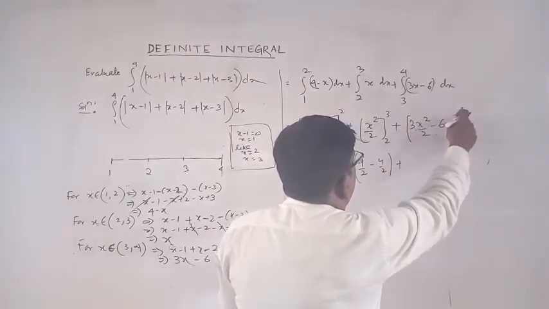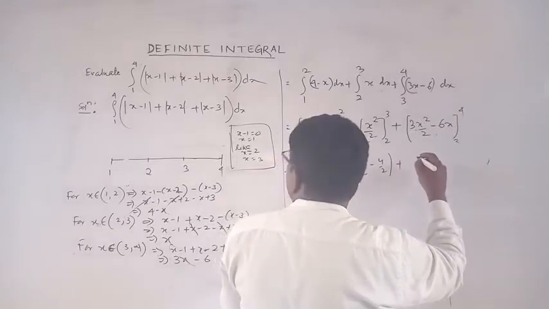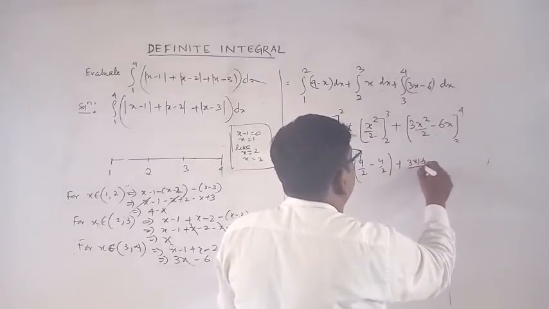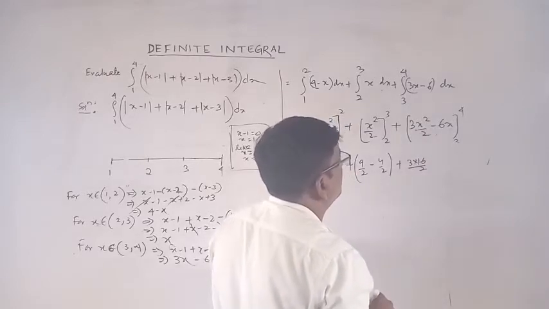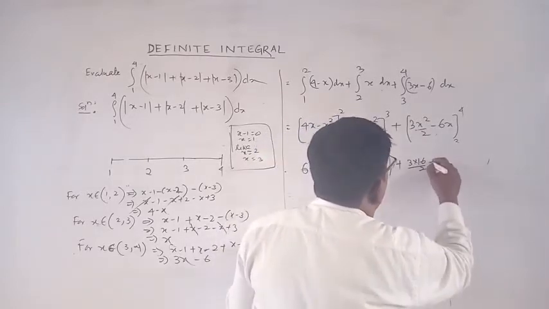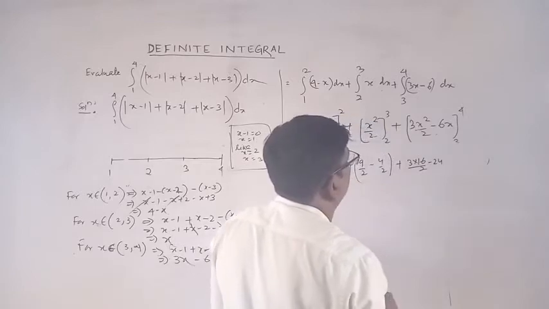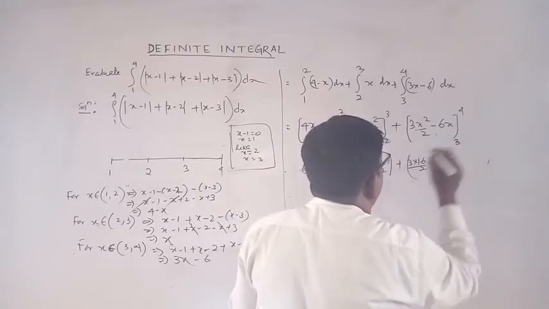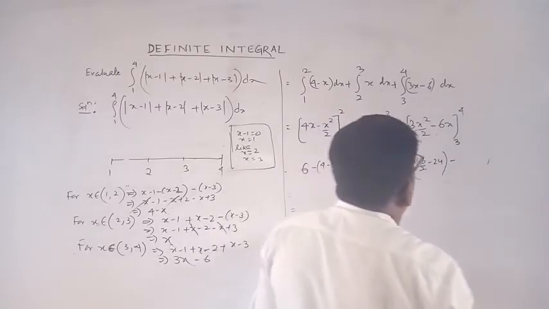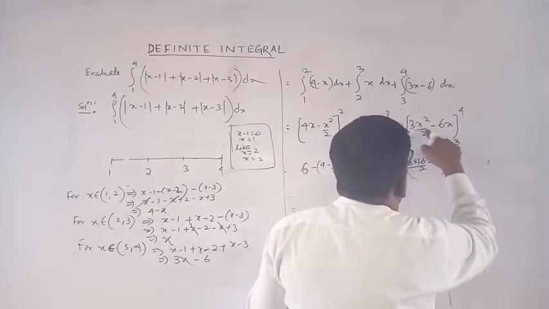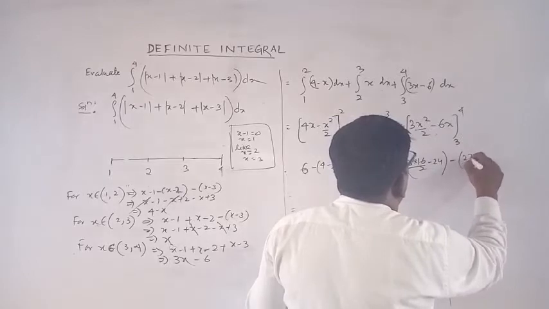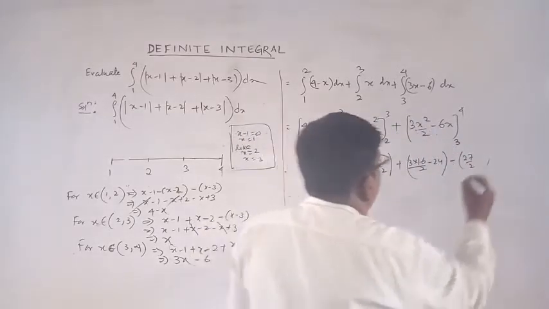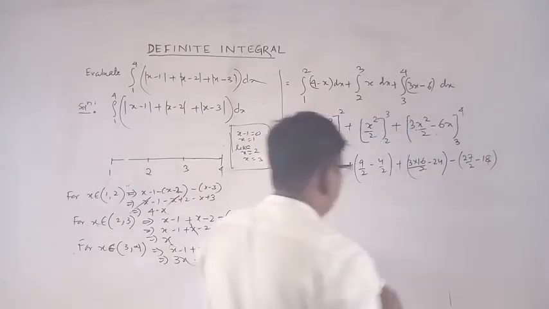That is what? 16, 3 into 16 by 2 minus what? 24. Okay, then this is what? Minus, this is what? 27 by 2 minus what? 18. Minus 18.